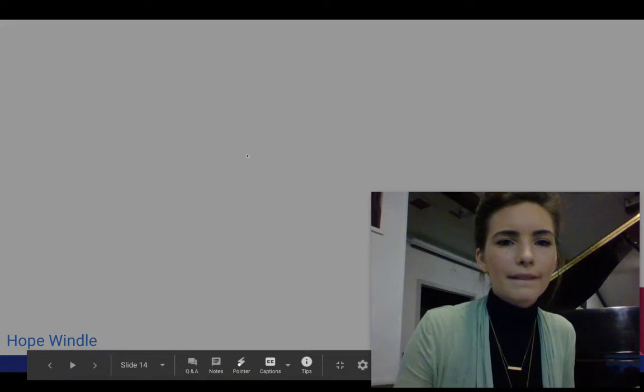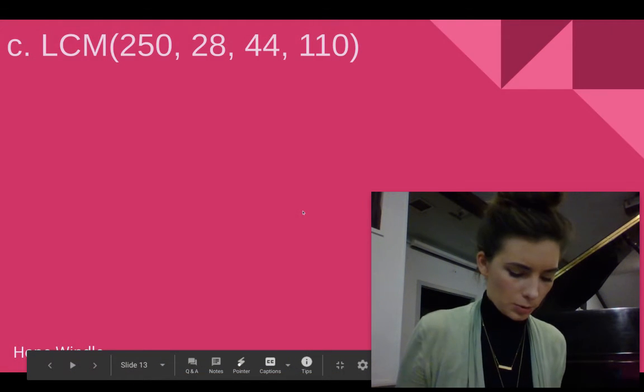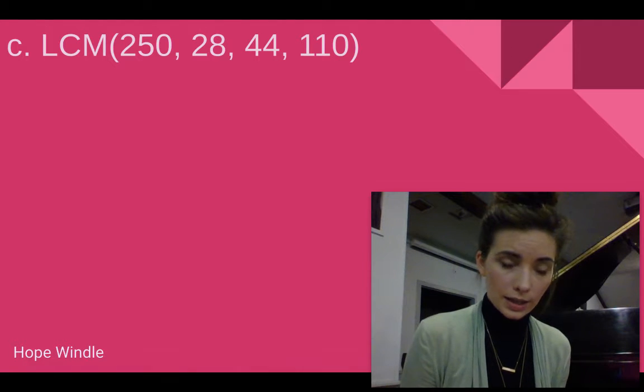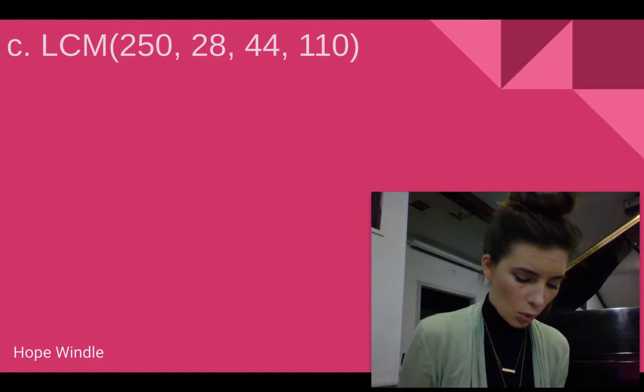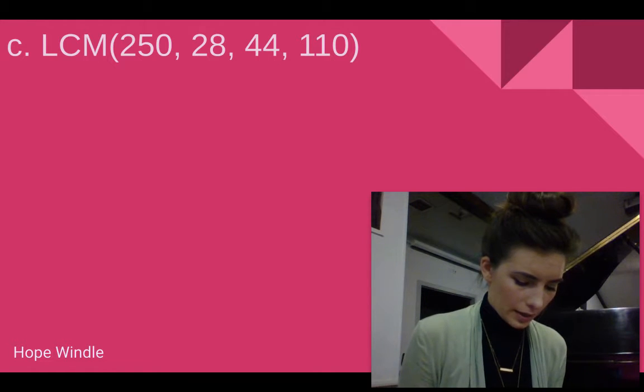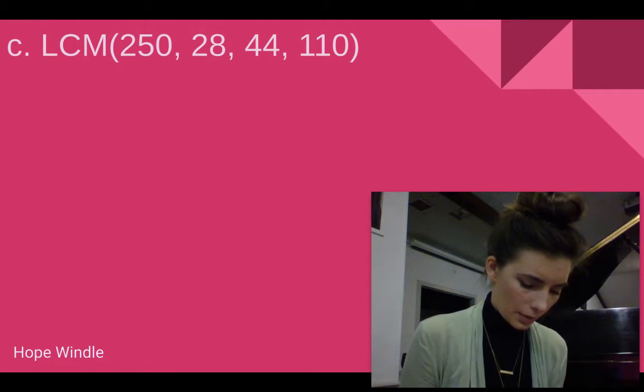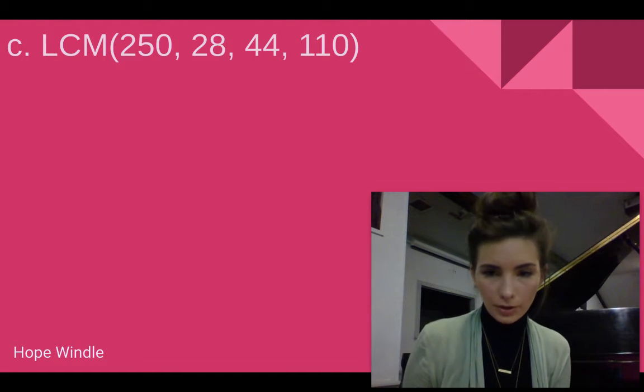Okay, let's try to find the least common multiple between 250, 28, 44, and 110. Well, something I can see right off the bat, these are going to be even numbers, and so they are going to be divisible by 2. Let's go ahead and factor it with 2.